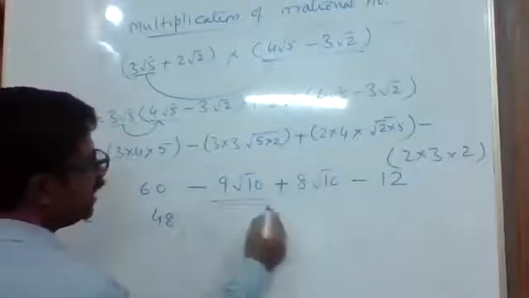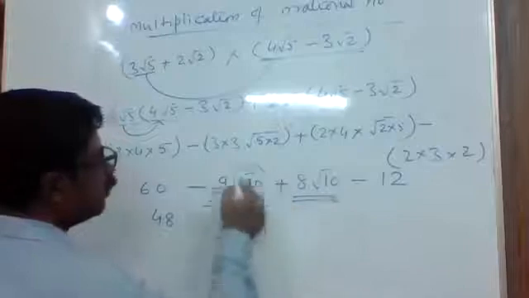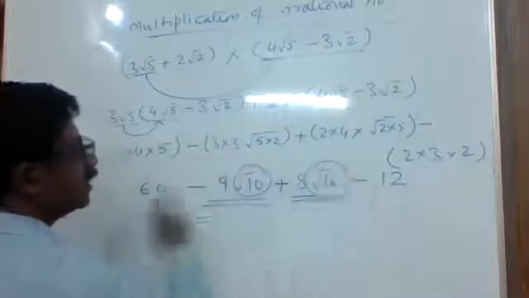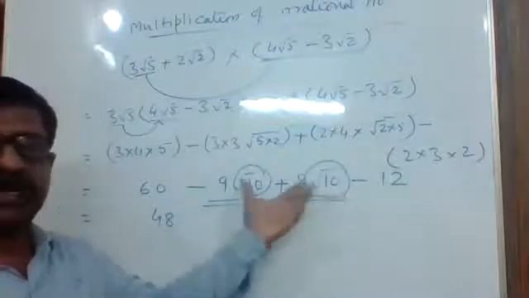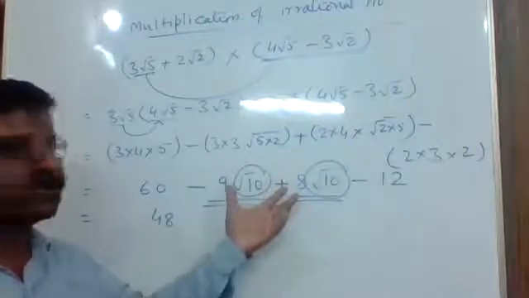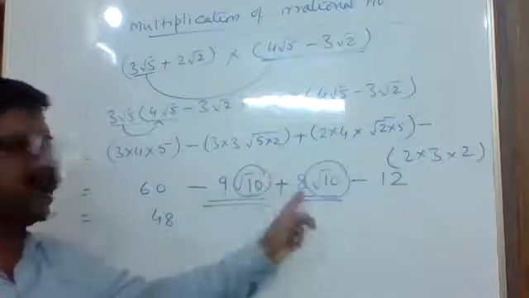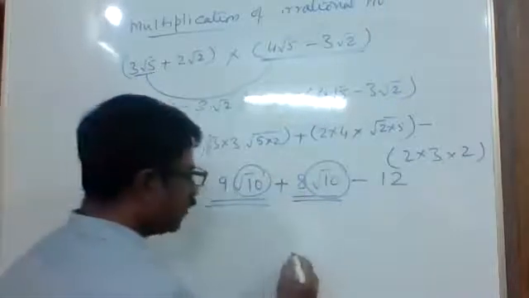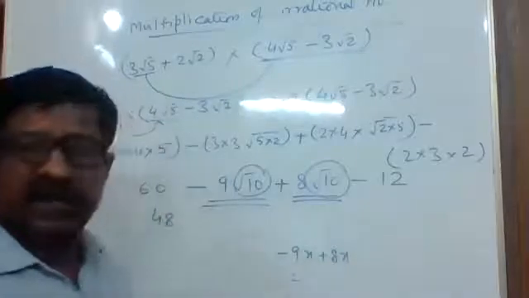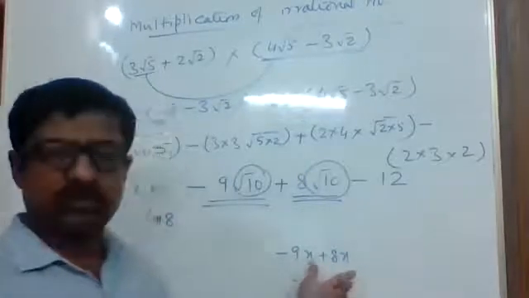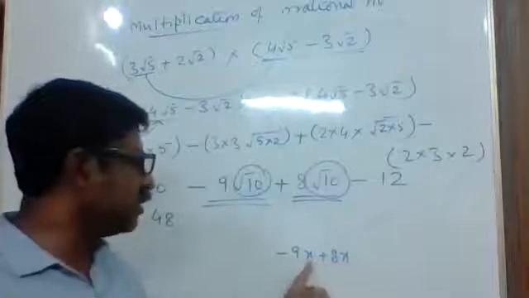This is minus 9 root 10 and this is 8 root 10. Both have the value root 10 here. Therefore, we can add or subtract whatever is possible. This is minus 9 and this is 8. If you got minus 9x plus 8x, what did you used to get? Yes, minus 1x you used to get, because x is the common value here.